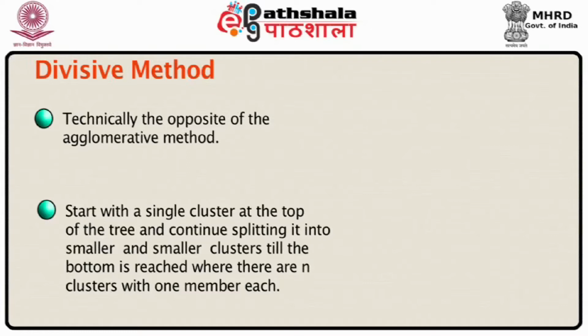Let's look at an example. Suppose this is the top of the tree, and suppose there are 7 individuals in this cluster. So all of the 7 individuals are clustered together at the top of the tree here. And then we have 2 branches coming out from this. So we divide this into 2 branches. And then again the first branch is divided into 2 further branches.